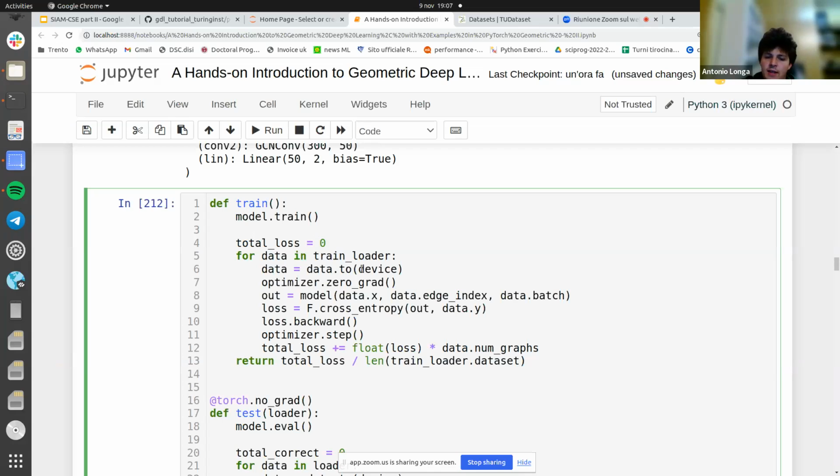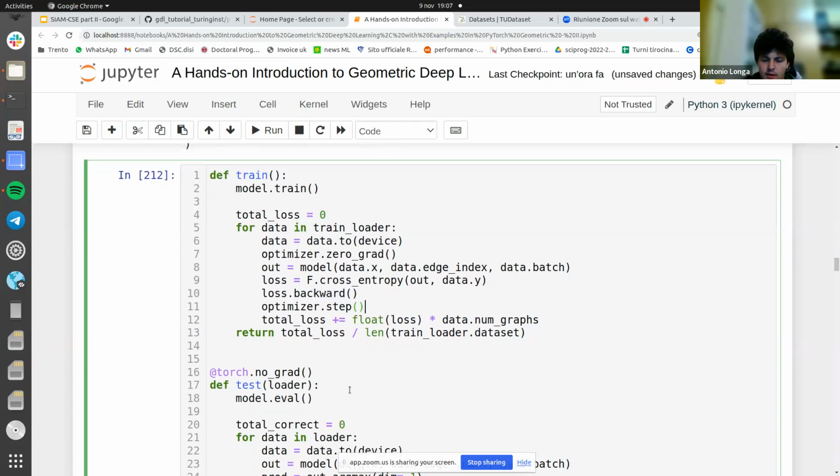Indeed, we are iterating over our train loader. We move the data to the device as usual. We zero the gradient. We compute the output specifying the batch. We compute the loss, the backward pass and the optimizer step. And this is just for updating the loss we are going to return, but it doesn't matter.